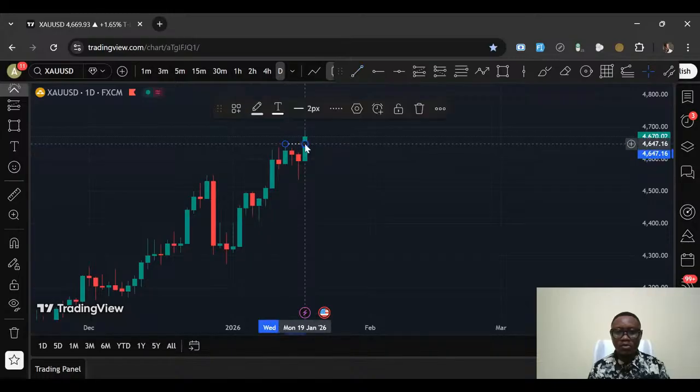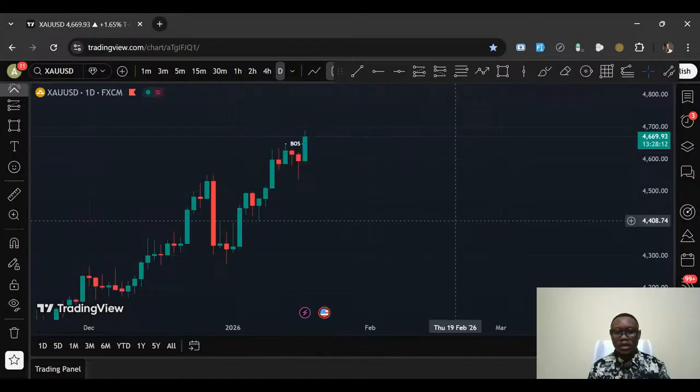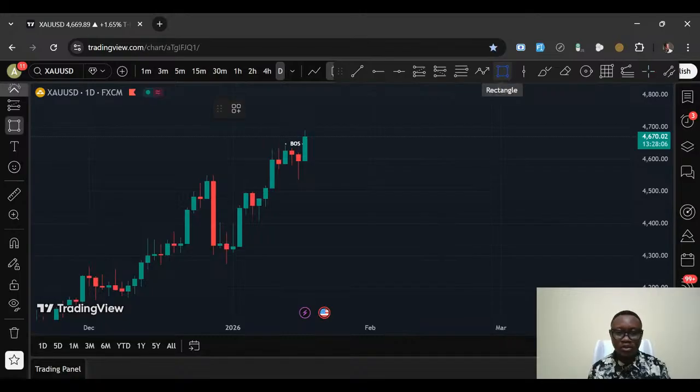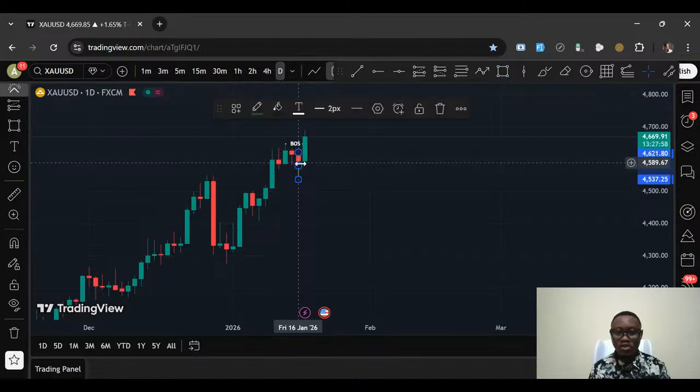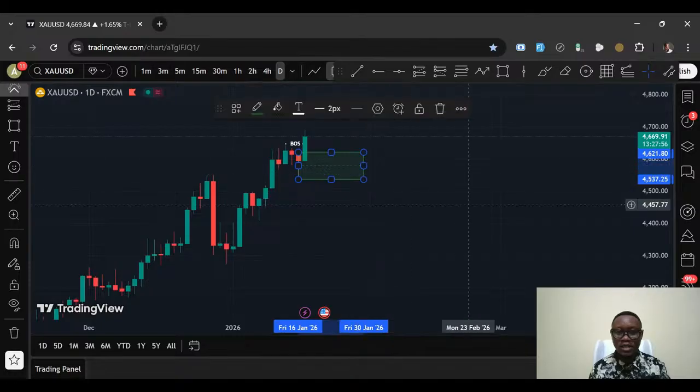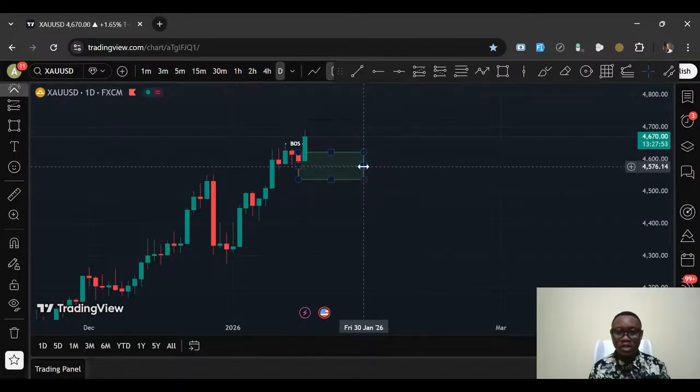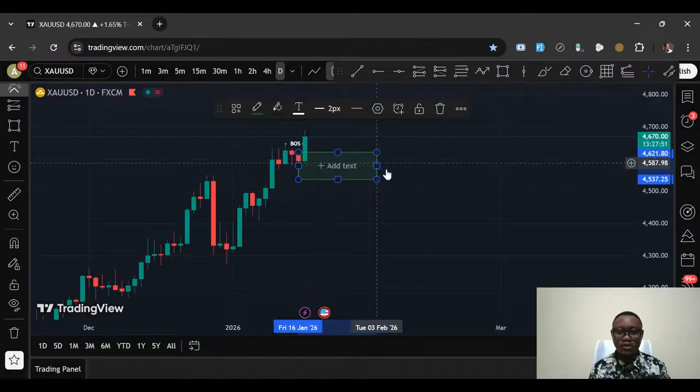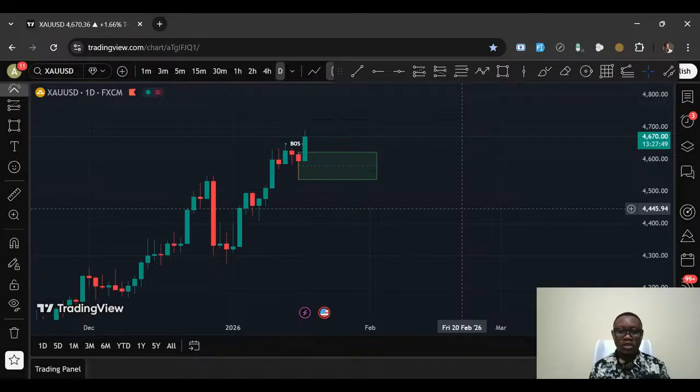And once you've been able to mark out your break of structure or your market shift, the next thing you want to do is to mark out the origin or the zone that led to the break of structure. In our case, this is it. So this is the demand order block that led to the break of structure. This is the most recent one I can see on the daily time frame.